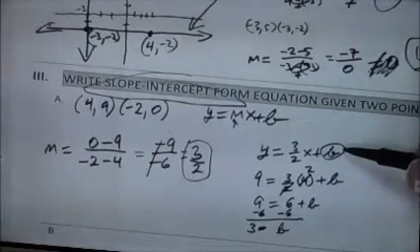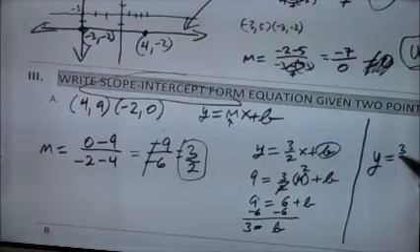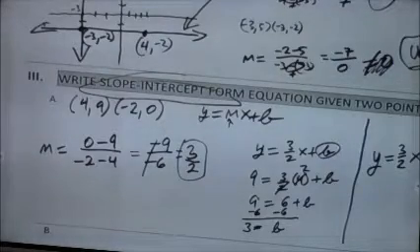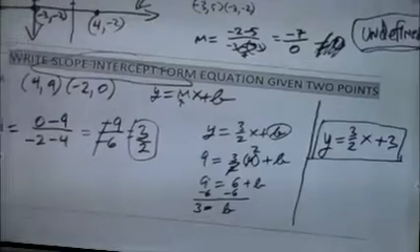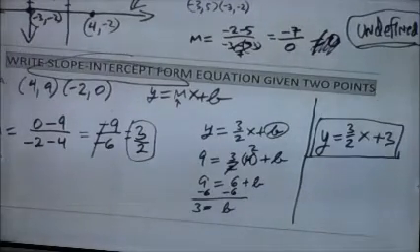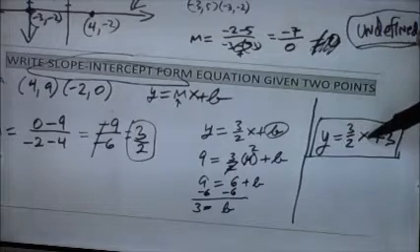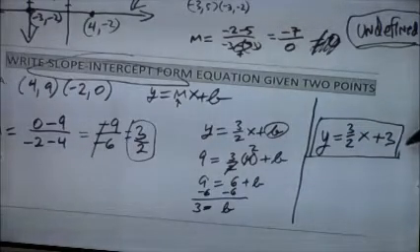Now we put it back into the equation to get our full final answer. That's the slope-intercept form, because it's in the form of y equals the slope times x plus the y-intercept, where it hits the y-axis. Okay?